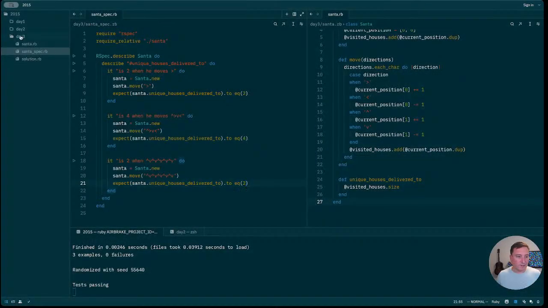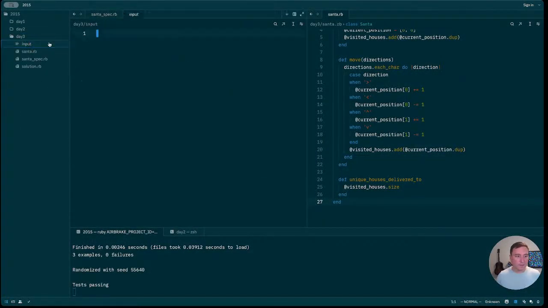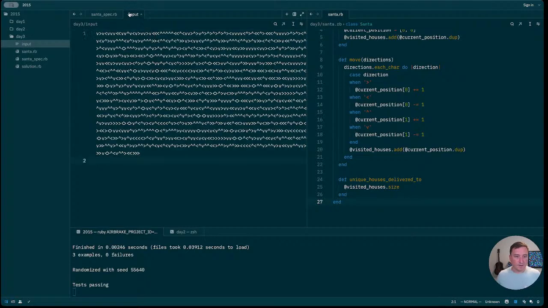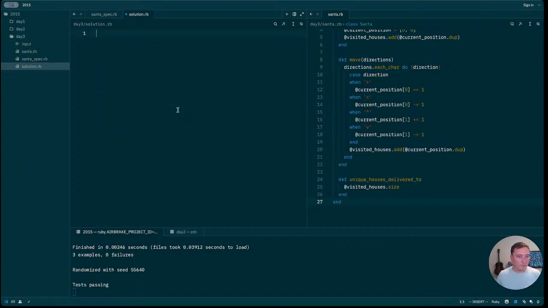Don't save that. Let's do a new file, input, paste that there, and then in solution.rb let's say require_relative Santa.